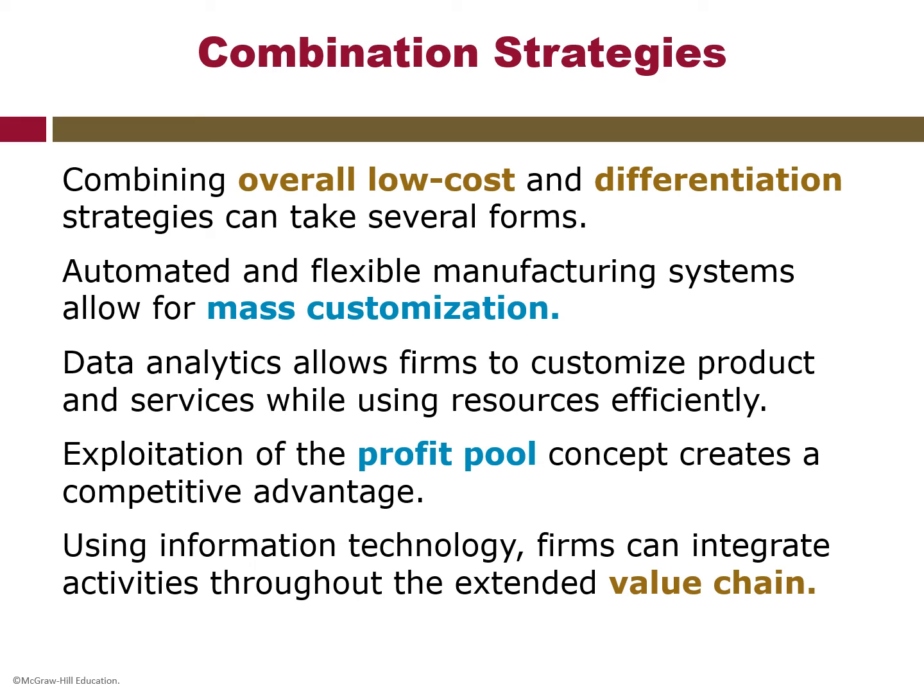One is the automated flexible manufacturing system, which allows for mass customization. Mass customization is a firm's ability to manufacture unique products in small quantities at a low cost. This is facilitated by advances in manufacturing technologies such as CAD or CAM.